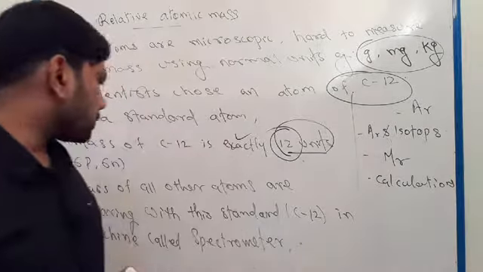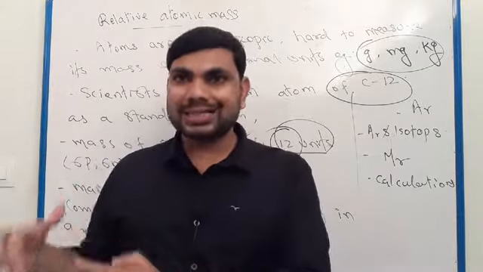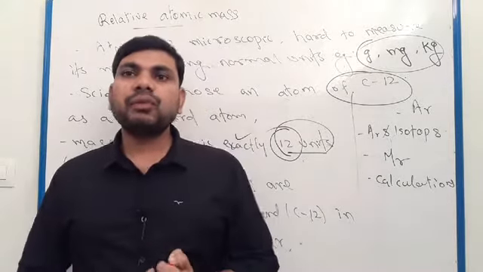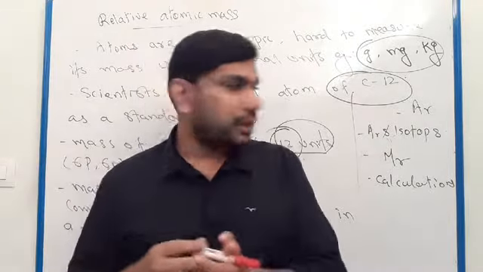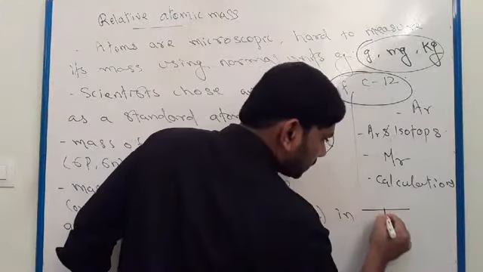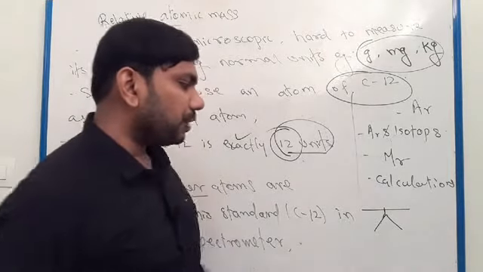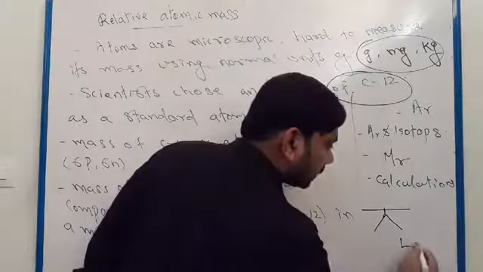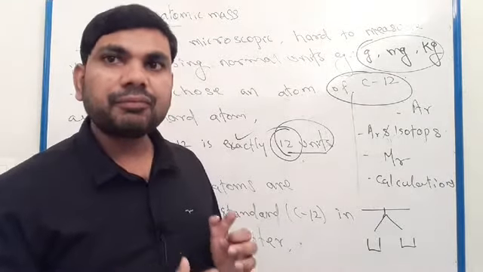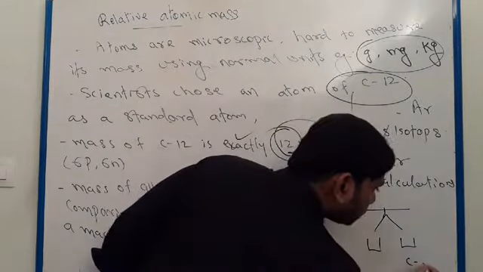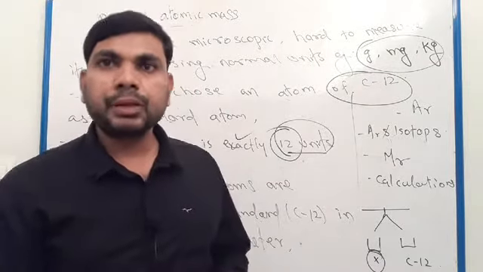Clear? Now we want to measure the mass of all different atoms, so we will compare the mass of the atom that we want to measure. Imagine this is a balance. On one side we take carbon-12, and on the other side we take the atom we want to measure.